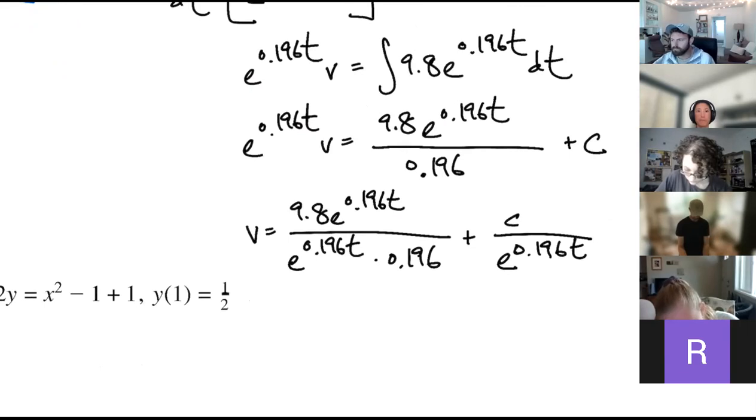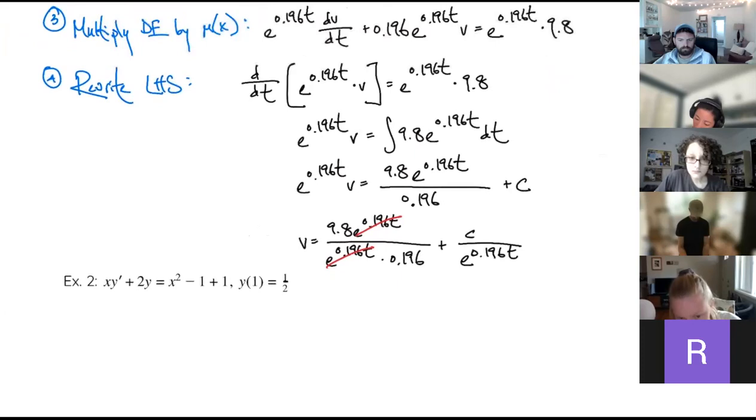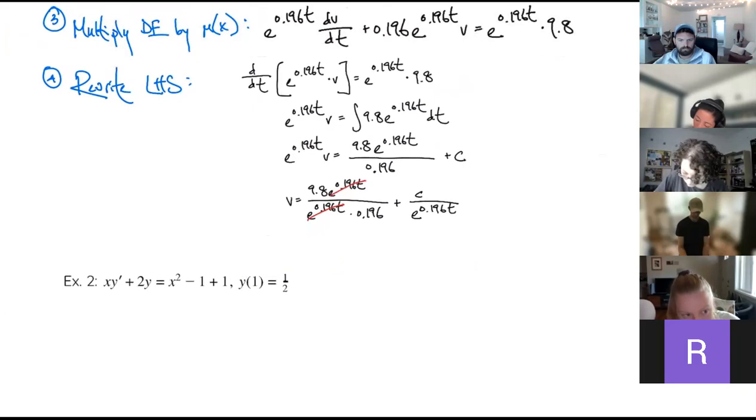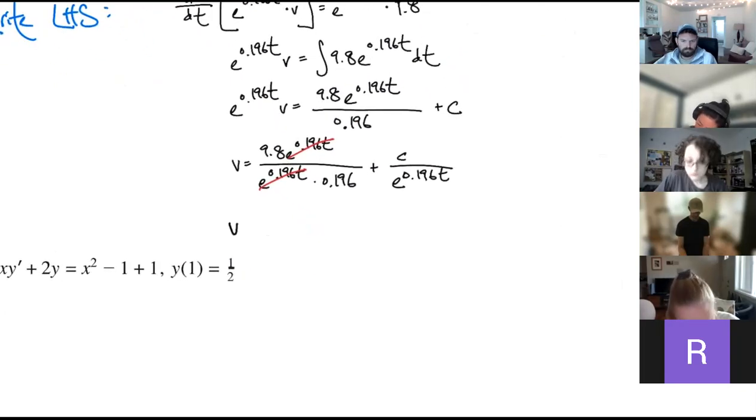And this first term actually ends up just being 50, because when we divide away the e's, those reduce to 1, and when you divide away the other terms, you end up with v equals 50 plus c e to the negative 0.196t.